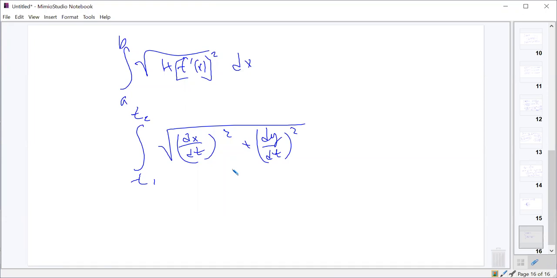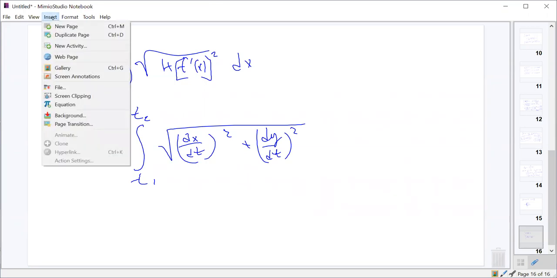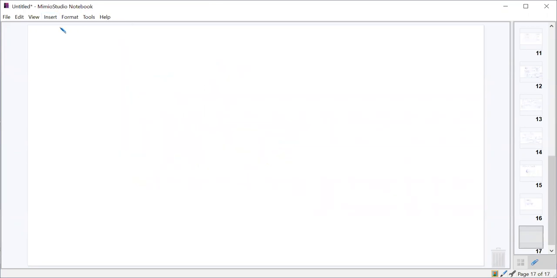volume stuff. If we're talking about volume, we want to revolve around the x-axis or the y-axis or some horizontal or vertical line. It should always just be an integral from a to b of pi times the radius squared, dx or dy, depending on whether you're doing it in terms of x or in terms of y. I'll just write dx there.